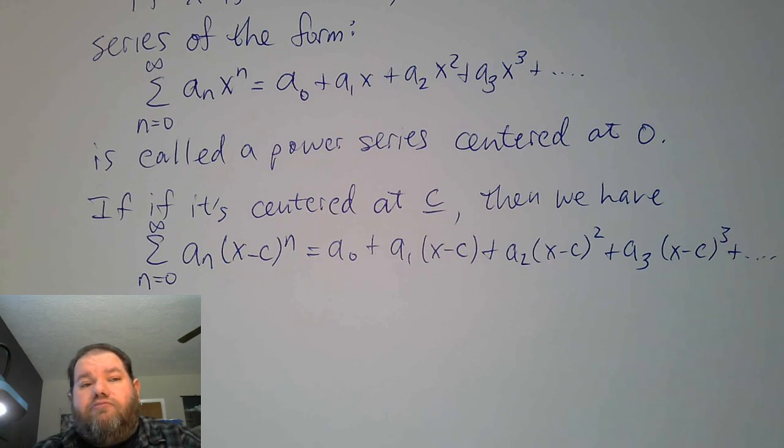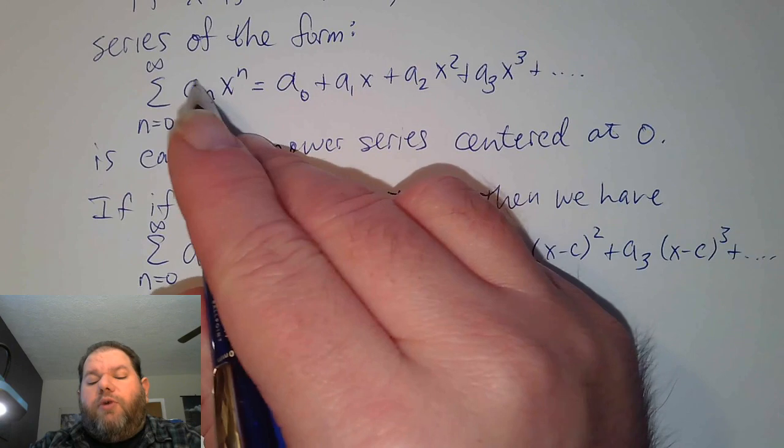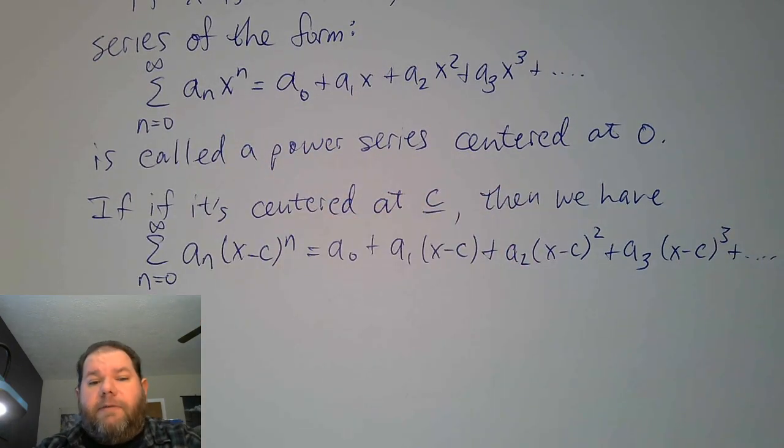But it was somewhat similar in that regard because we still had the x to the n term, but we had a very specific expression for a sub n, which was the nth derivative of f evaluated at c divided by n factorial. So we're going to look at, in section 10, Taylor series instead of Taylor polynomials, and we'll see that it's specifically a form of power series with a particular definition for a(n) in that case. So that's something we'll be looking at eventually also.